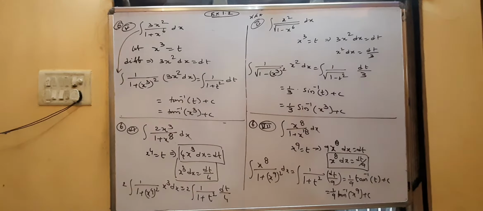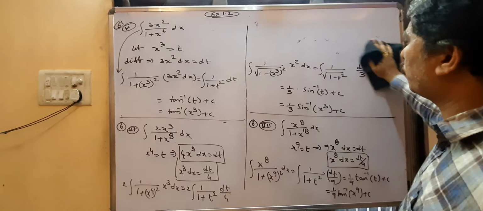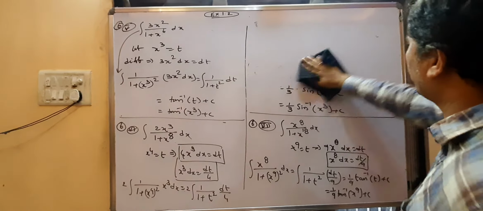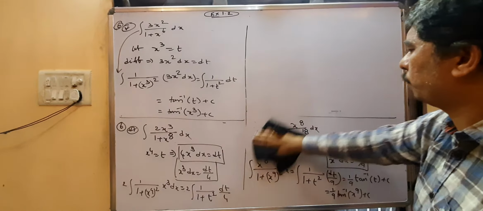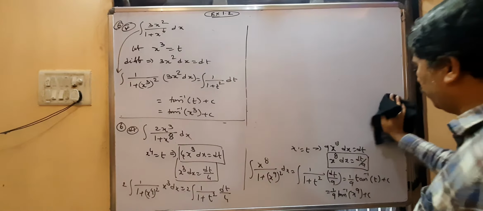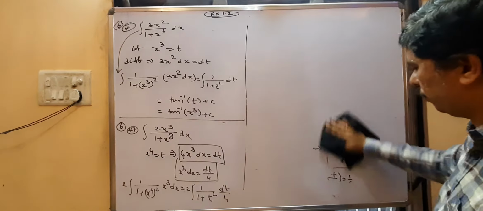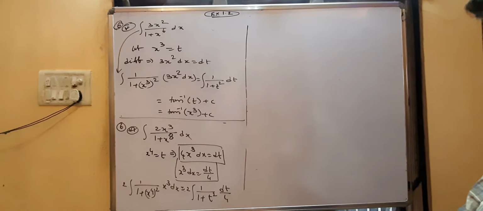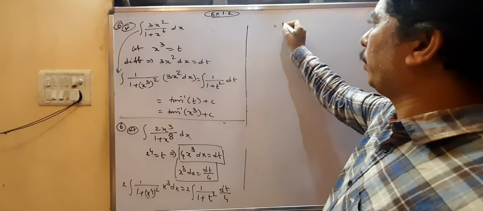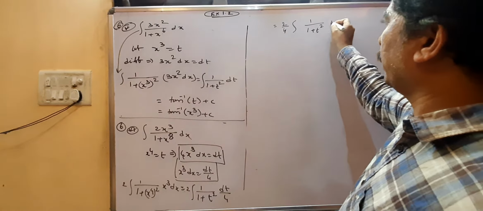Denominator 4 take outside. 2, that becomes 2 by 4 into the integral of 1 by 1 plus t square dt.